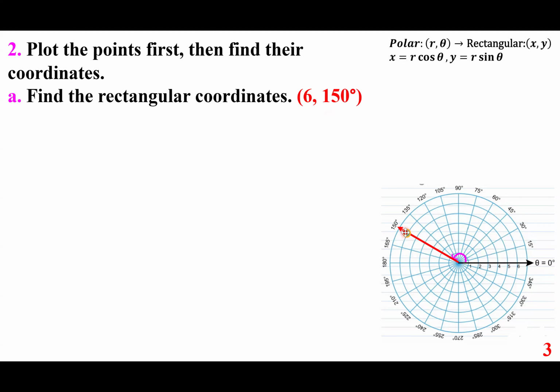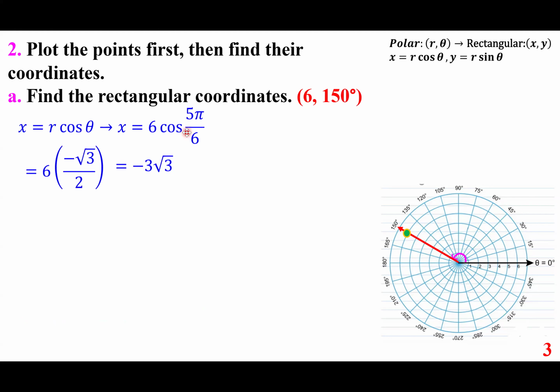And now, reminding everybody the relationship between the two, polar versus rectangular, is that x is r cosine theta, y is r sine theta. And so with that being the case, x is 6 cosine of 5 pi over 6, and 5 pi over 6 is a common arc. And cosine is the same as pi over 6, which is square root of 3 over 2. However, it's negative because it's in the second quadrant.